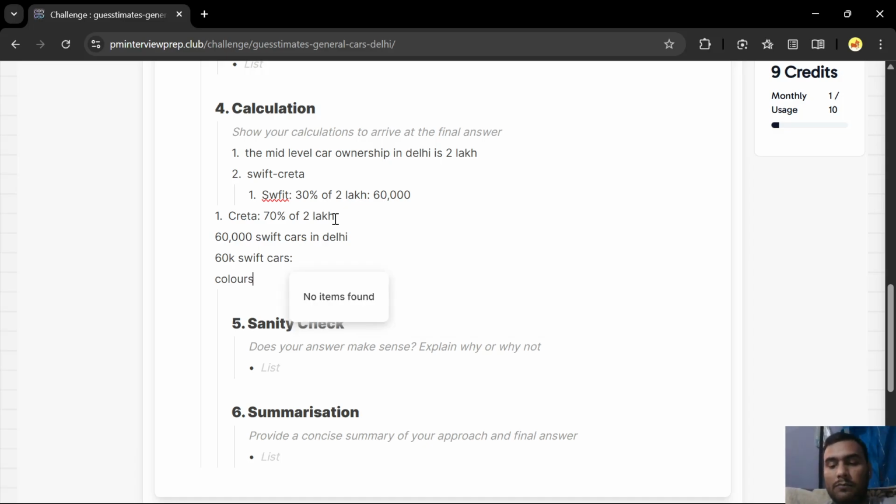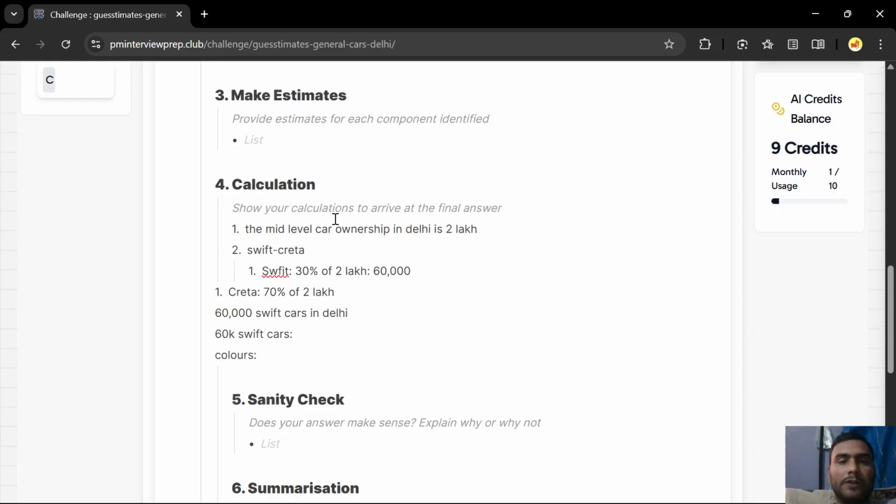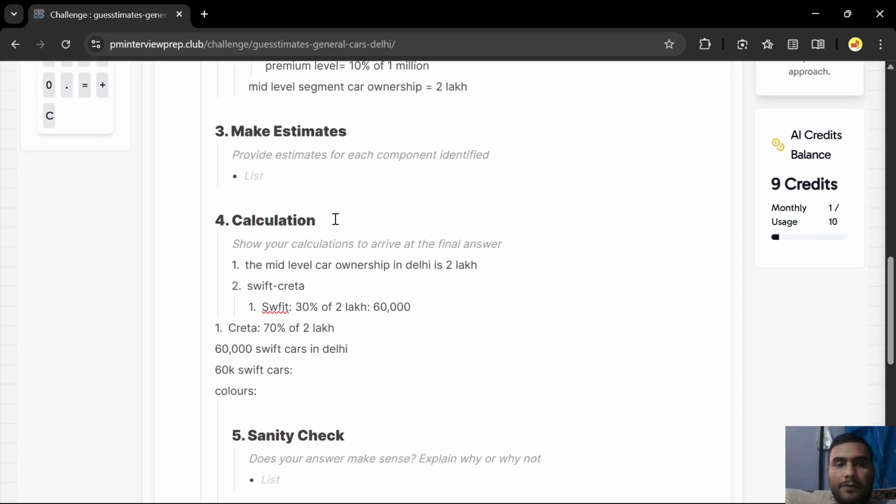Now one thing, if you notice, I am doing all the calculation myself, but this would not be the case. We should continuously get feedback from the interviewer, ask his or her opinion whether we are going in the right direction, anything we are missing.